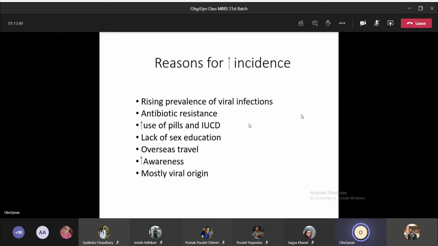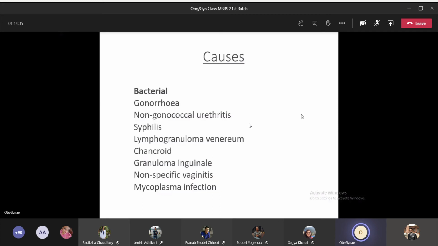Because of this, STI is increasing, along with increasing awareness. Increasing STI is mostly due to viral infections.